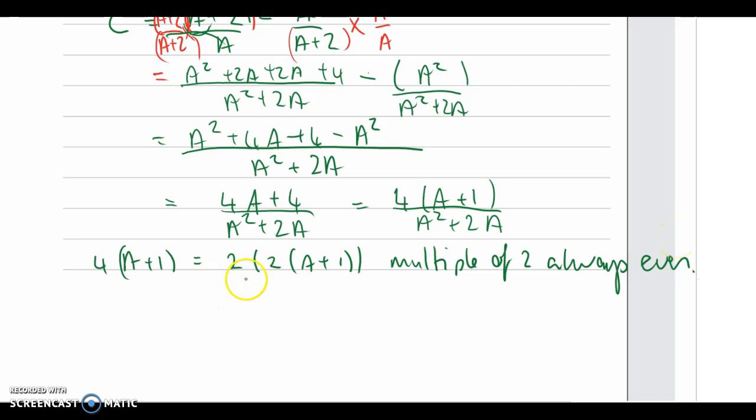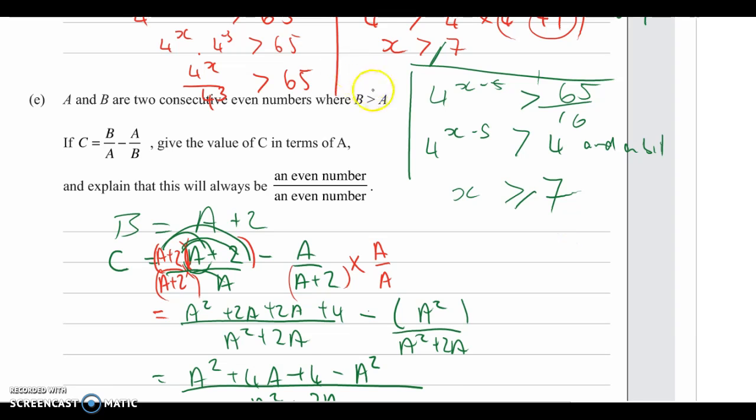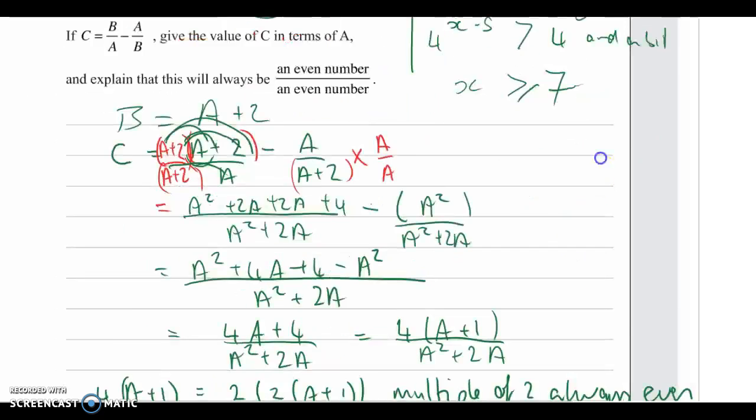And in any case, we were told A is even. We were given that they were even numbers.